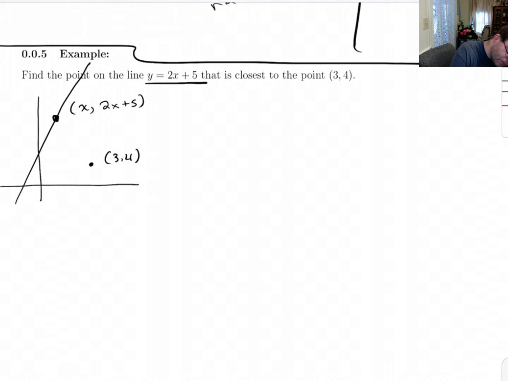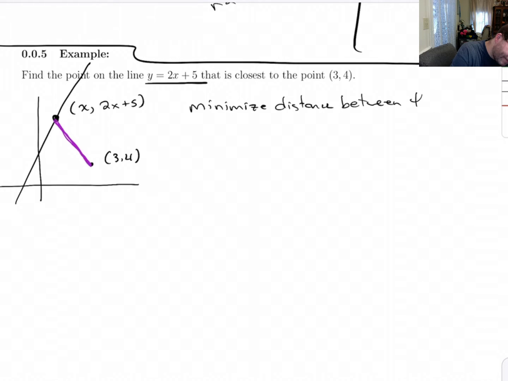The thing that I want to minimize is the length between these 2 points here. I want to minimize the distance between those 2 points.